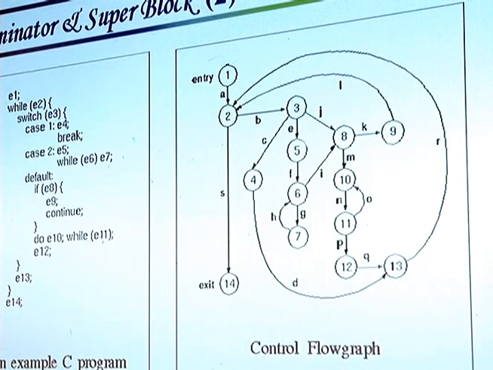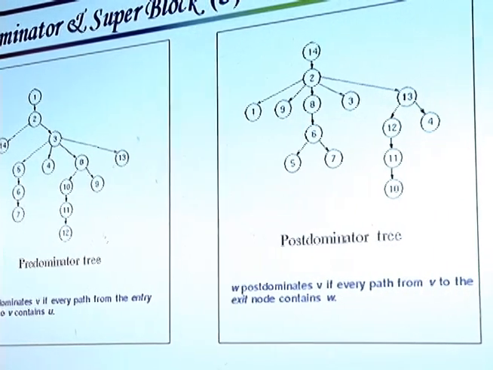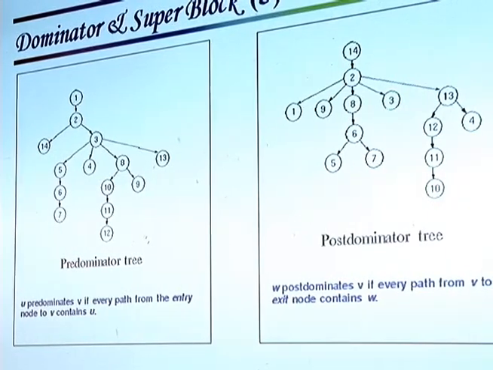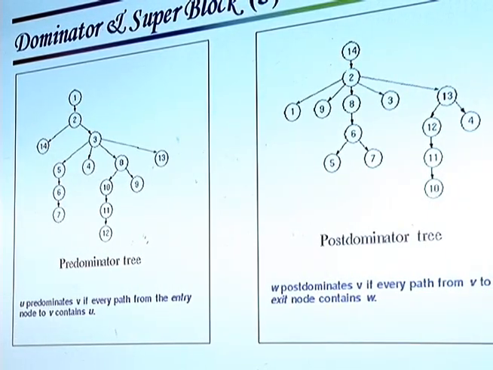So from the predominance point of view, 3 and 14 have no relationship. You can go to 3 without going through 14, right? But once the execution goes to 3, you have to go through 14 before you can terminate. So that's why 14 post-dominates 3. But 14 does not predominate 3. How about 3? Does 3 predominate 14? Let's check.